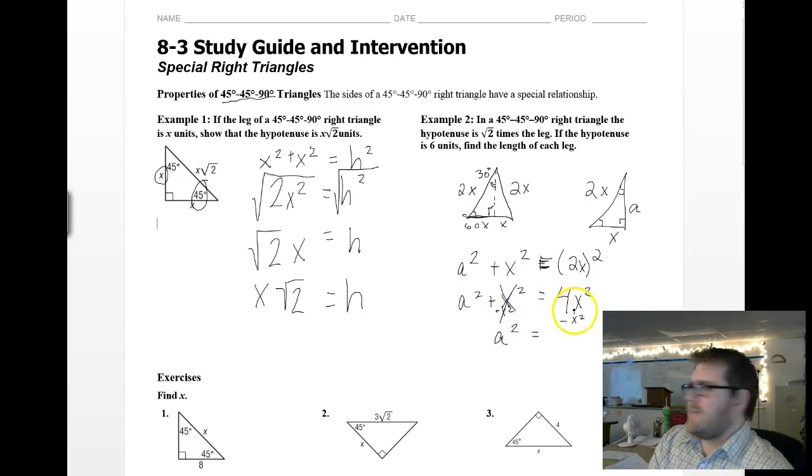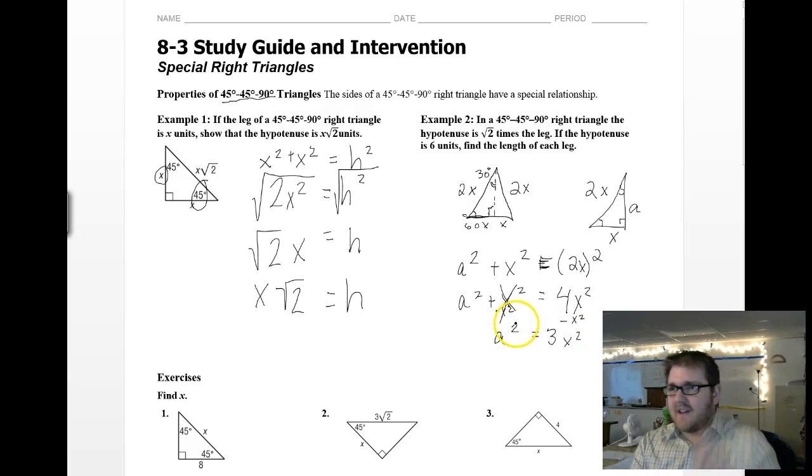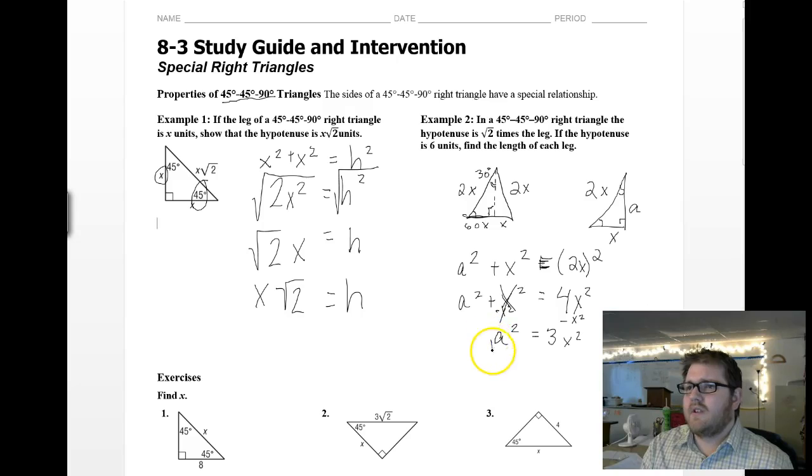What's 4x squared minus x squared? 3x squared? Good. And then how do I get the a by itself now? Square root. So a equals the square root of 3x squared, which is the square root of 3 times x. We're going to write that as x radical 3.